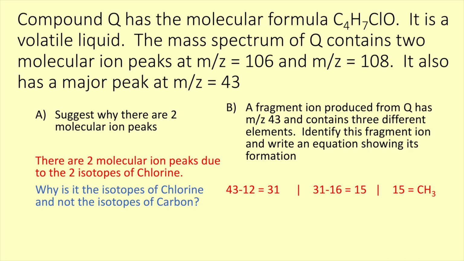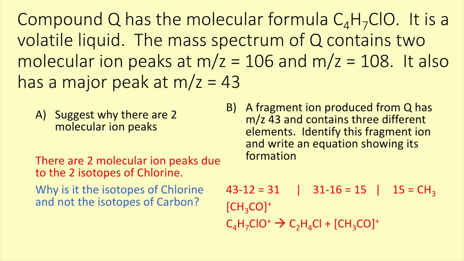So the only elements that it could possibly be is that combination of carbon and hydrogen, and 12 plus 3 gives us that 15 that we need. So our fragment ion is therefore that CH3 plus the 12 that we initially took off that carbon and the 16 that oxygen, remembering the square brackets and the positive charge, as it is a fragment ion.